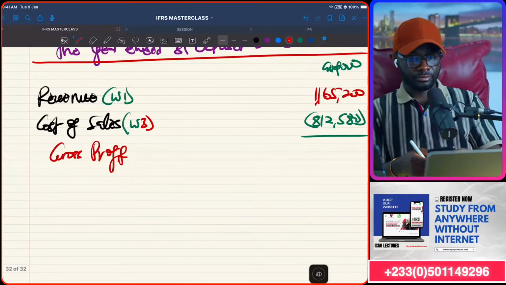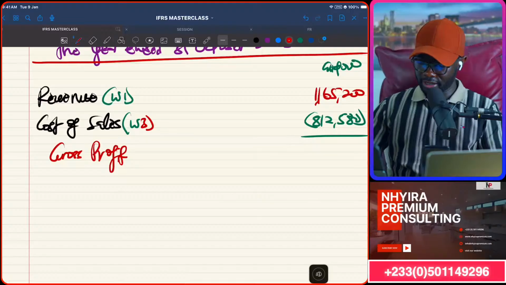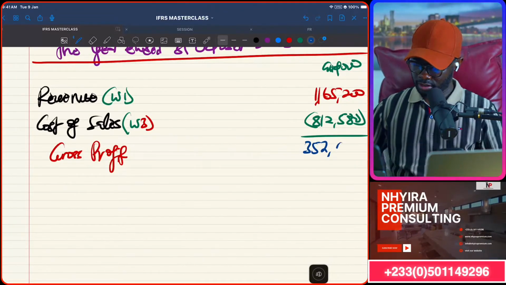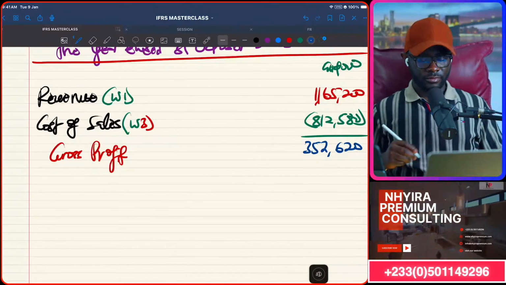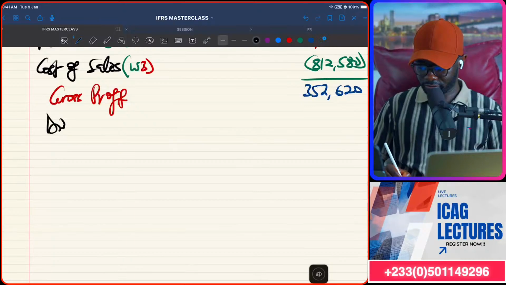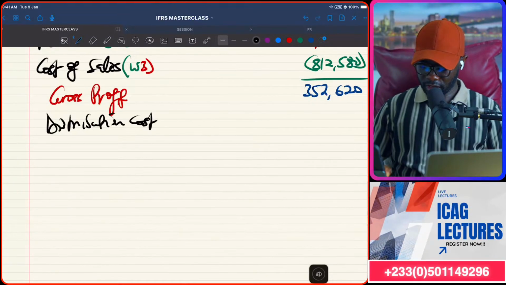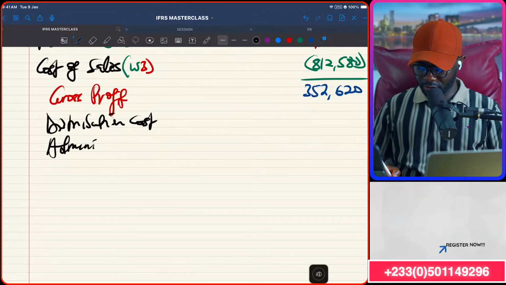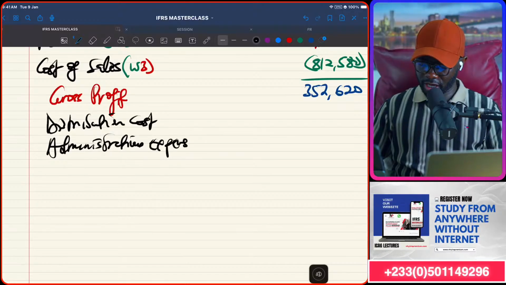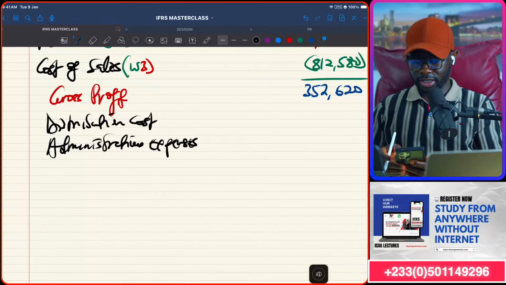So 1,165,200, and that is 352,620. Then we bring in the distribution cost, and then administrative expenses. Remember, we said we're going to work for these on the face of the financial statement.